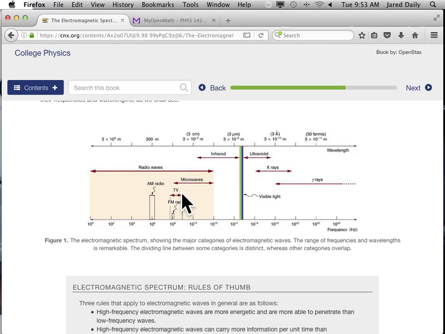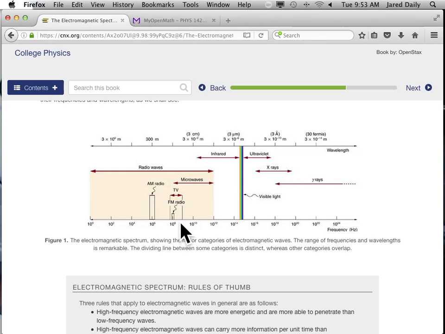And then you have TV and FM radio, which are right up along this meter range. So they're both into the meters, a few meters long in wavelength range, and they're also into a range of frequencies that we're kind of used to dealing with, which is the megahertz and the kilohertz frequency range.